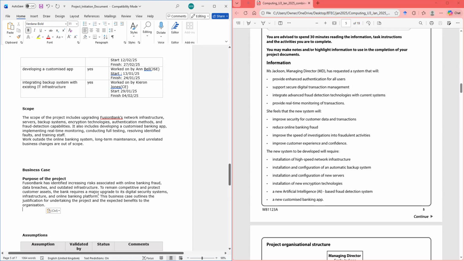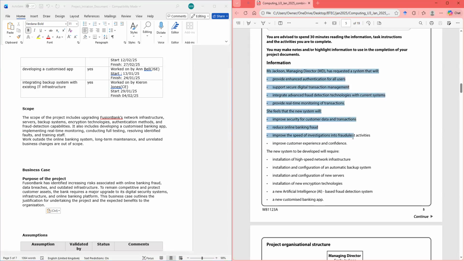So you just look at it and say, okay, if they want all of this here, then you can write it based on what they want. They've identified that there's an issue somewhere, so they have to improve their system. And you talk about the issues that they might have identified.